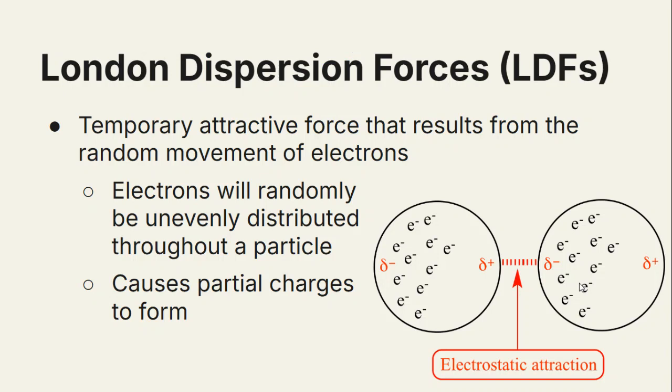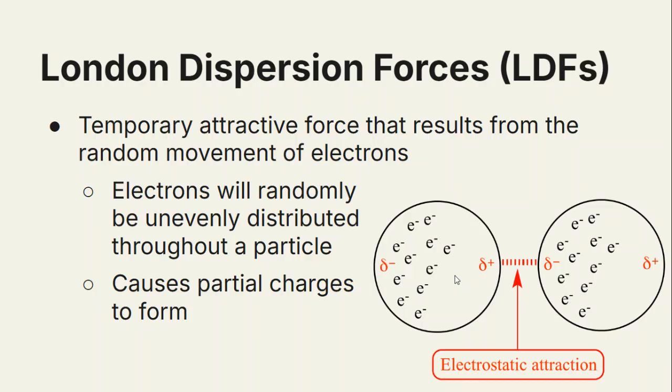The first of the 3 IMFs that we're going to talk about, I'm going to go weakest to strongest here, are called London dispersion forces, or LDFs. An LDF is a very temporary attractive force that results from the random movement of electrons within an atom or within a particle. So if this is an atom, there's a bunch of electrons that we know occupy these orbitals, which are just regions of space that the electrons are free to move around in.